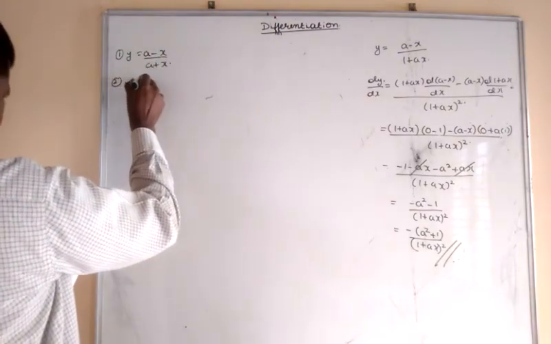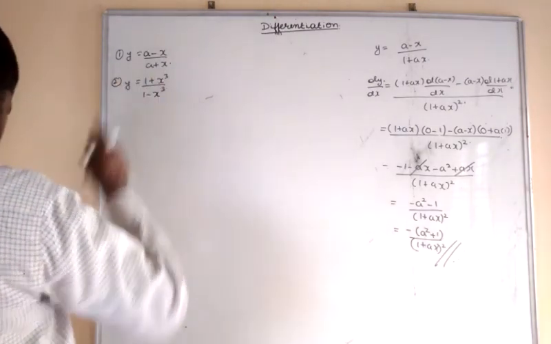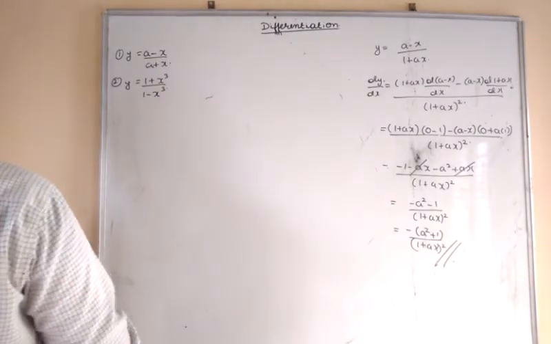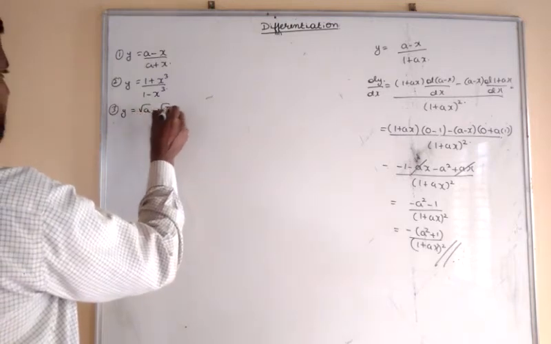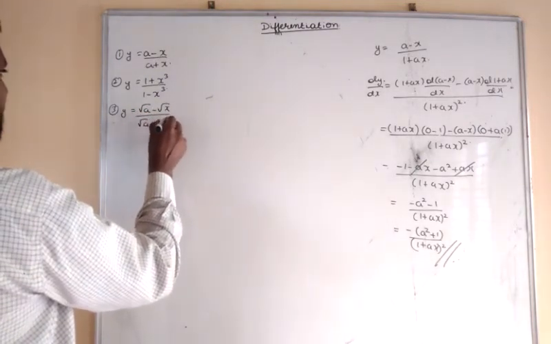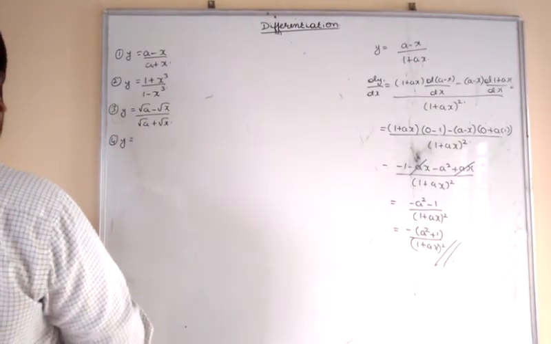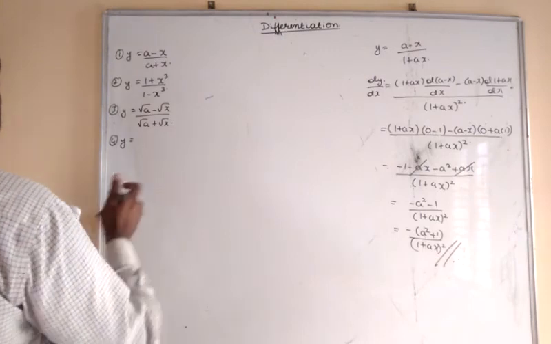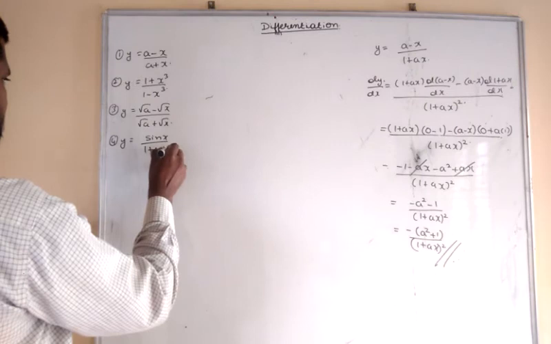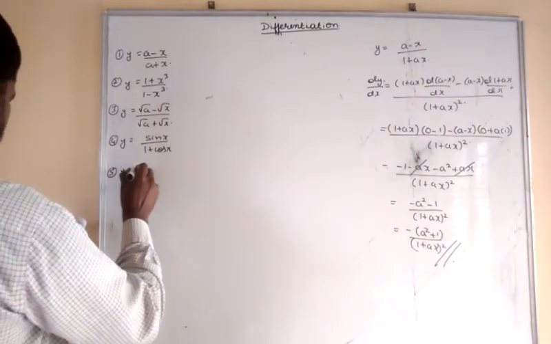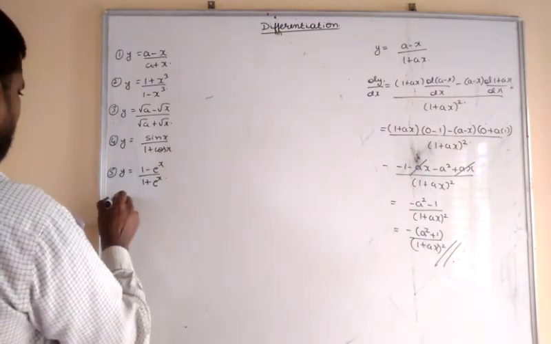Then second one, y is equal to (1 plus x cube) by (1 minus x cube). Then third one, y is equal to (root a minus root x) by (root a plus root x). The next fourth one, sin x by (1 plus cos x). Fifth one, (1 minus e to the power of x) by (1 plus e to the power of x).